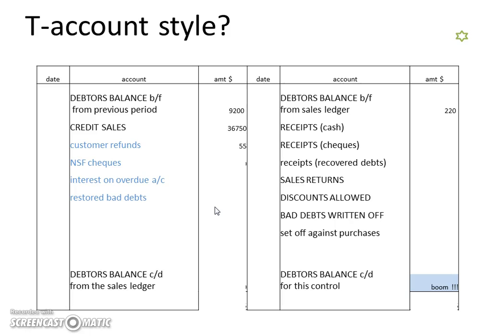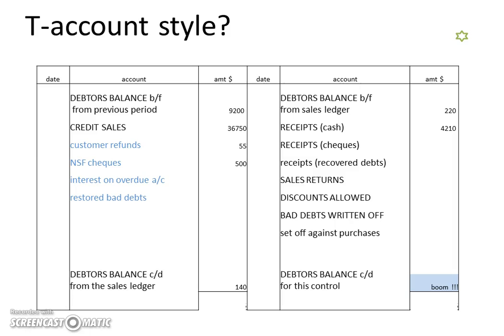the refunds, the dishonored checks, there was no interest overdue, there were no restored bad debts, and the balance carried down at the end of the period. So I put in all those. Now we come to the credit side and we're going to put in the receipts and so on.